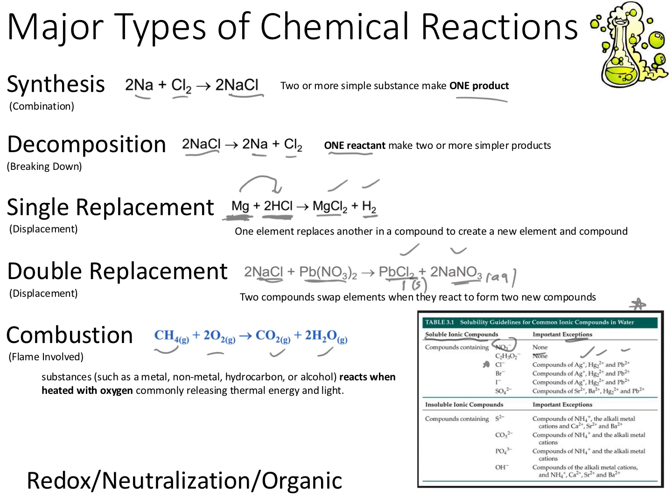Now, the burning of a hydrocarbon is always going to give you CO2 and H2O if it goes to completion. But with IB, we need to think about this in a broader sense. Technically speaking, any substance, a metal, a non-metal, hydrocarbon, alcohol, whatever, that reacts with oxygen when heated is going to technically be a combustion reaction.